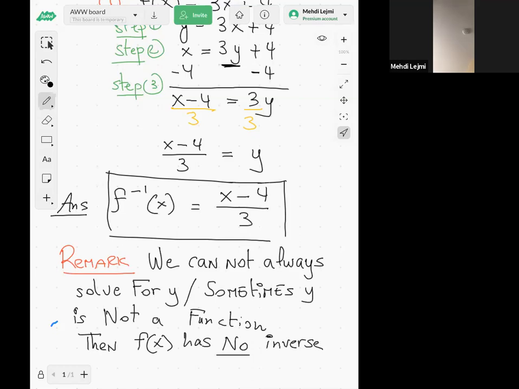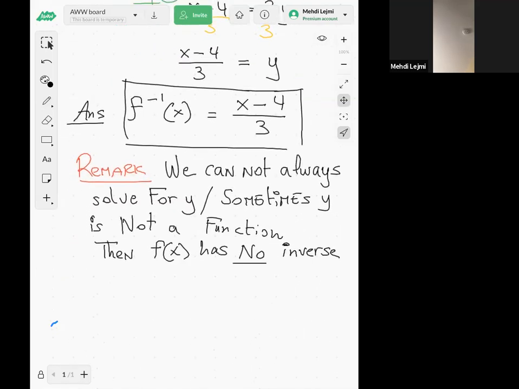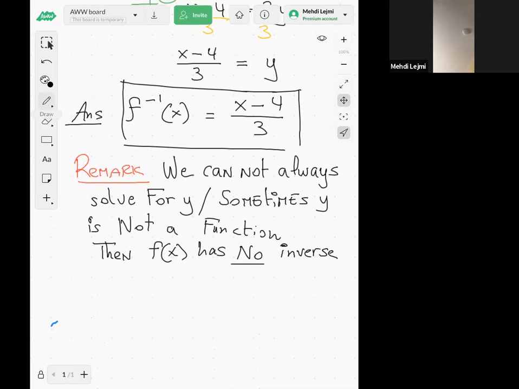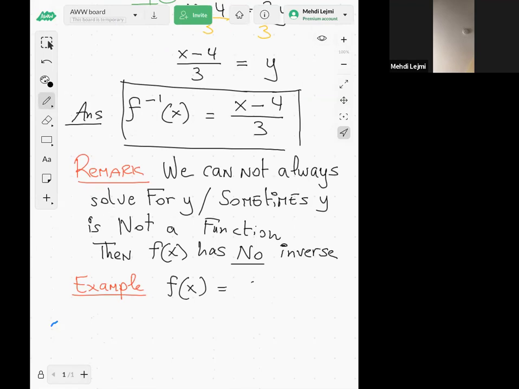I think I made this example before, but anyway, let's do it again. Example: say f of x is x squared. If you follow the steps to find the inverse, f of x is replaced by y, then you change x and y.